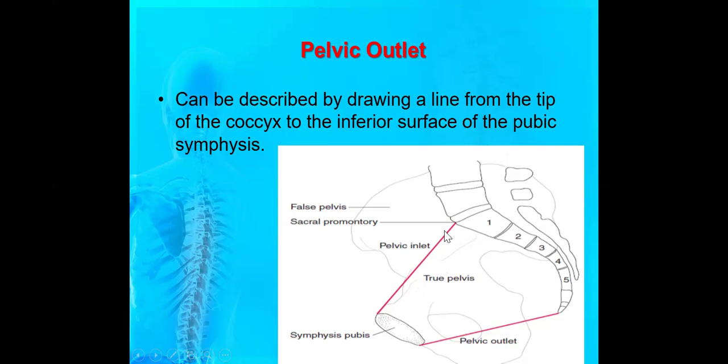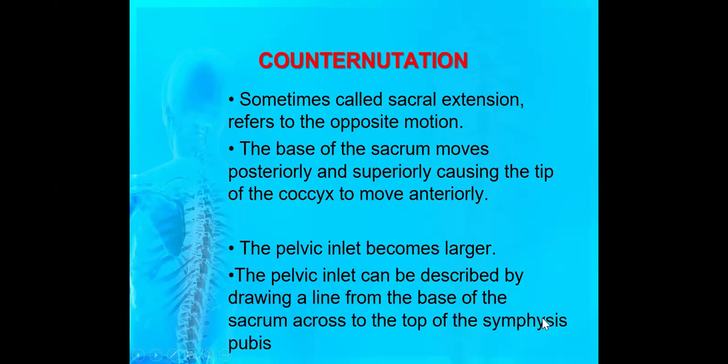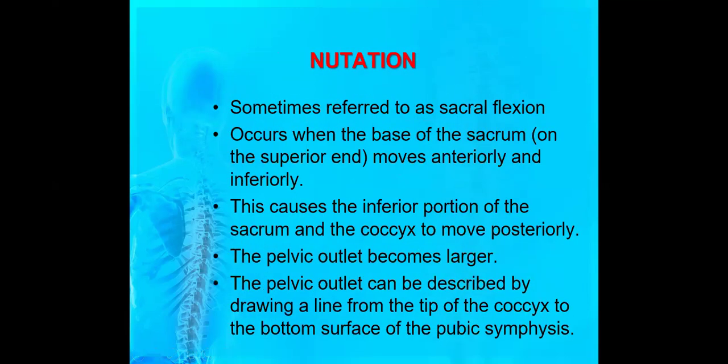On the other hand, in counternutation the base, the top surface of the S1, moves superiorly and posteriorly, and hence the pelvic inlet will increase in size and area, while there will be shortening of the pelvic outlet. So the pelvic outlet becomes larger in nutation, as we discussed in that diagram.